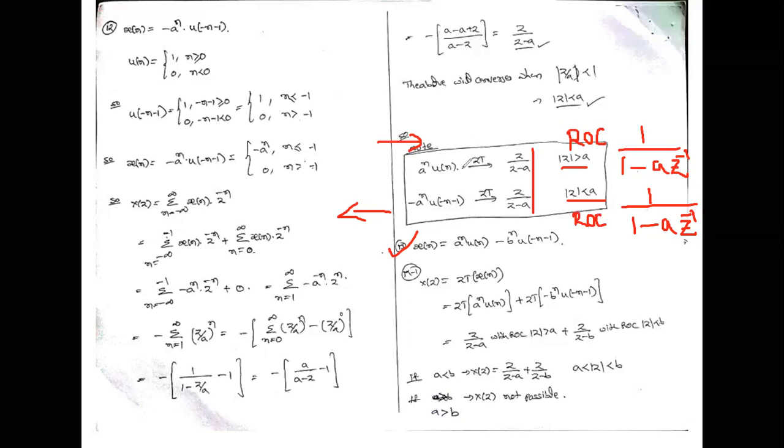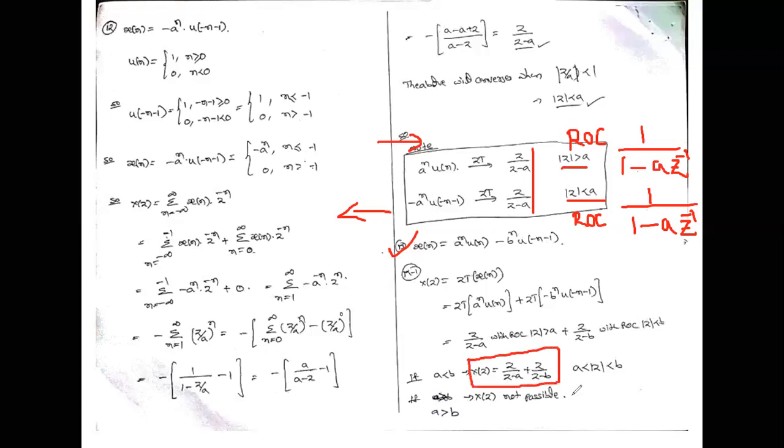Already we know a power n mu of n is 1 by 1 minus a z inverse, in positive powers z by z minus a, with ROC mod z greater than a. Instead of a power n, we take b power n here, so it is z by z minus b with ROC mod z less than b. Now the Z transformation X of z is z by z minus a plus z by z minus b.